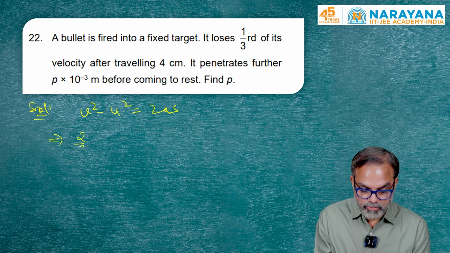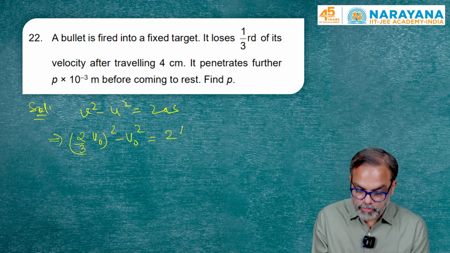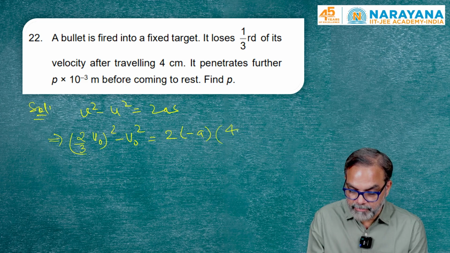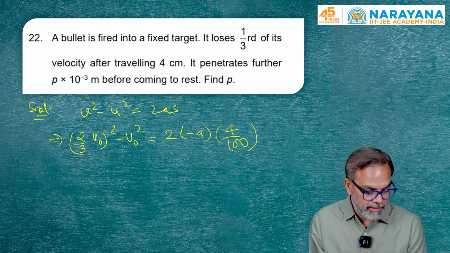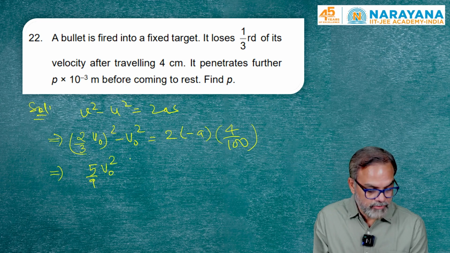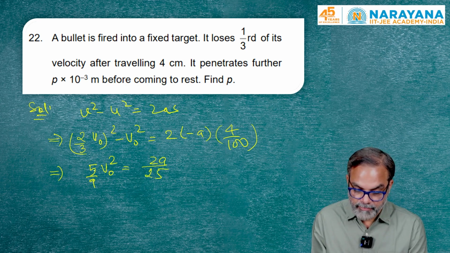So it will be (2/3 v naught) square minus initial v naught square, and that will be equal to 2 into a into, it is already given, penetrates 4 centimeter. So putting in SI units, and simplifying, we get 5 by 9 v naught square is equal to twice a over 25, right, students?